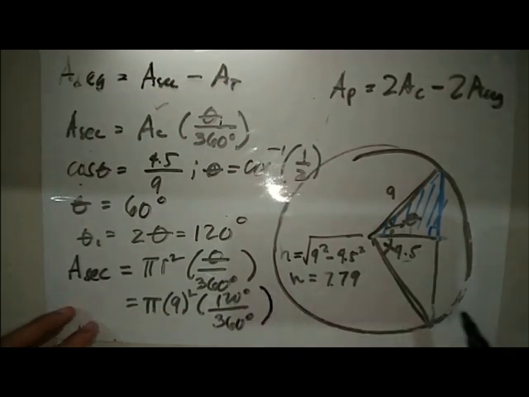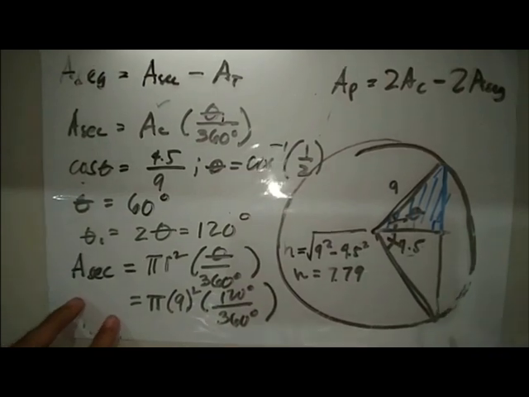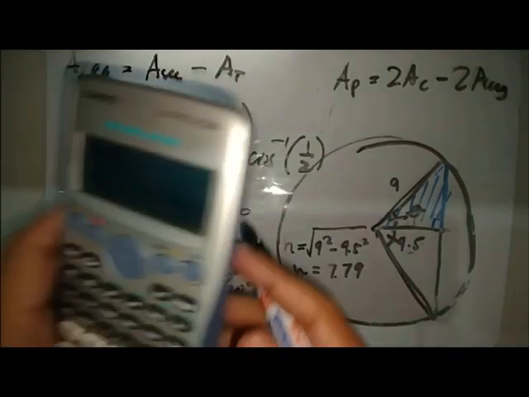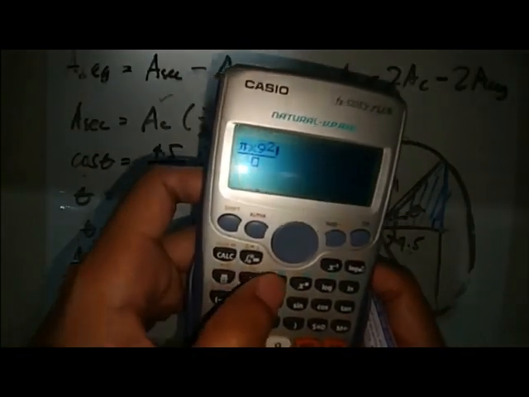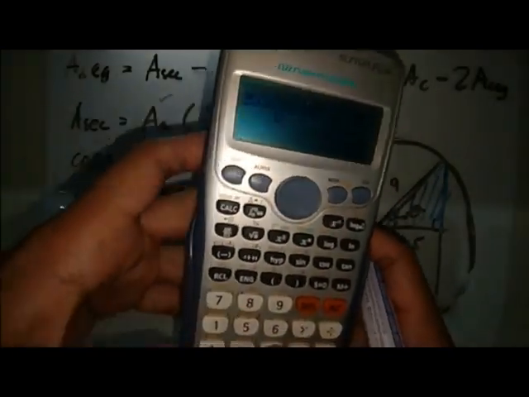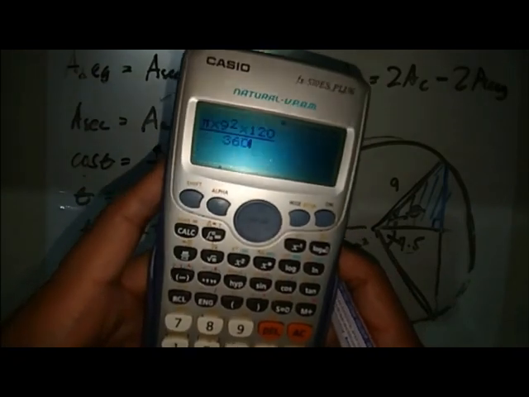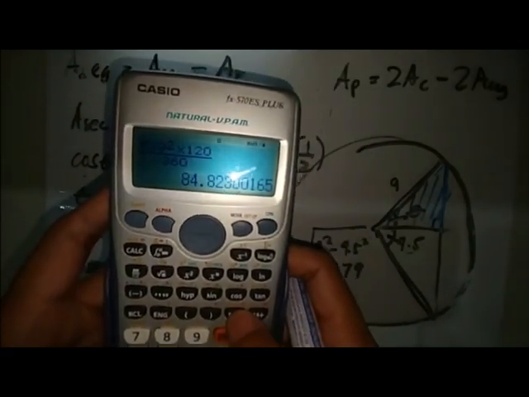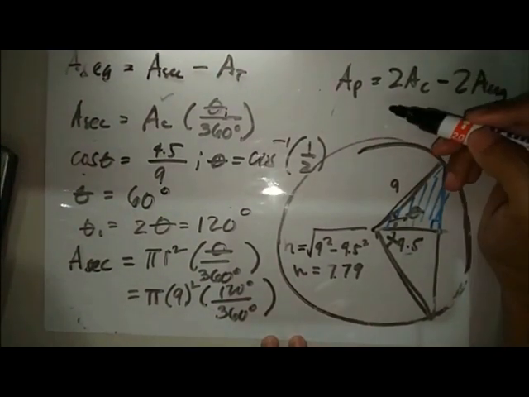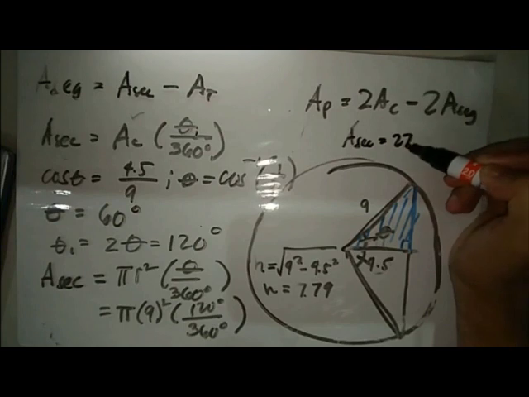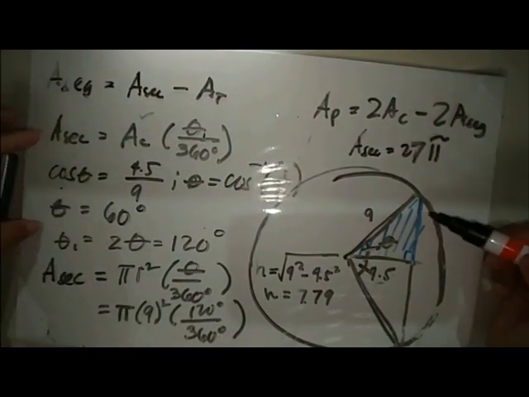So, area ng sector is pi times 9 squared times 120 divided by 360. So, you have 27 pi. So, area ng sector is 27 pi.